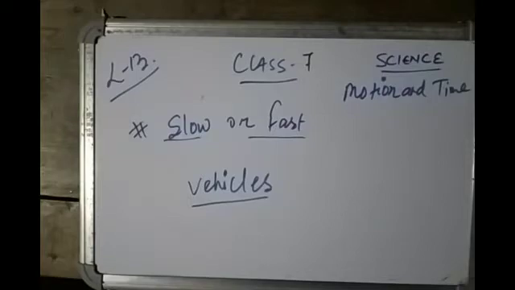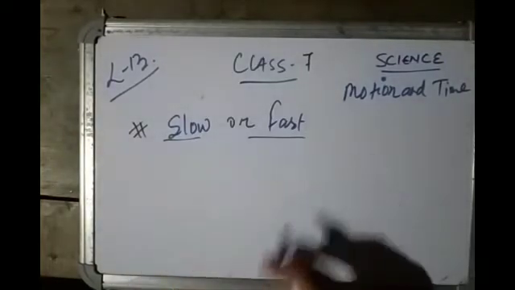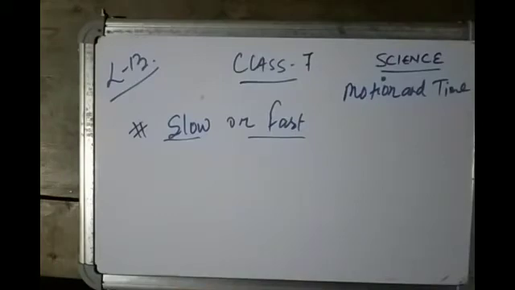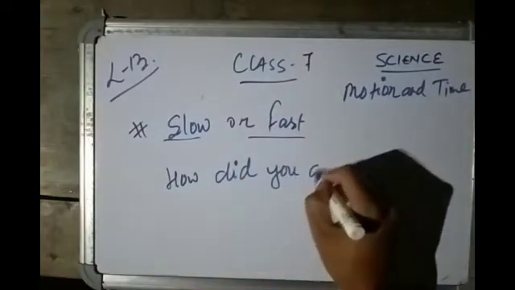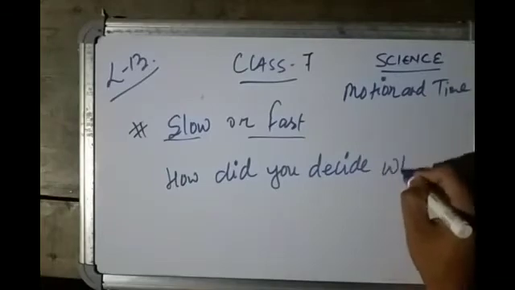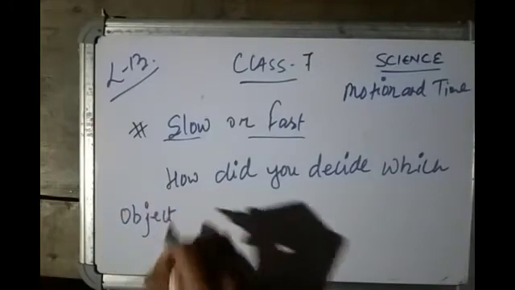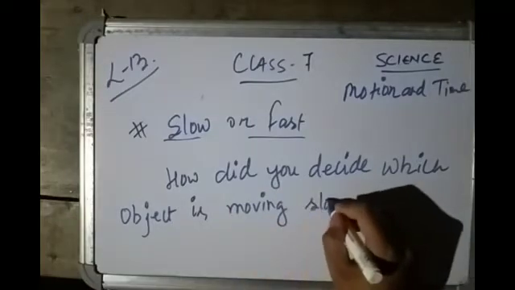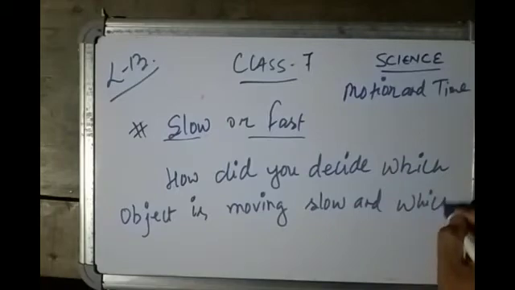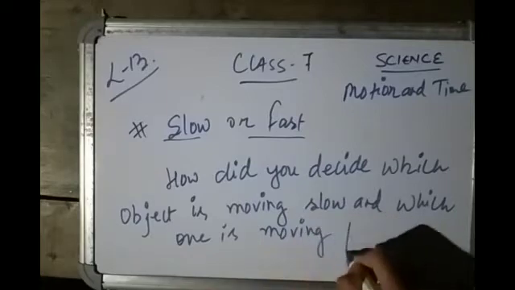How did you decide which object is moving slow and which one is moving fast?